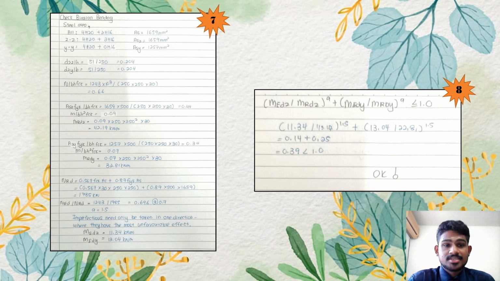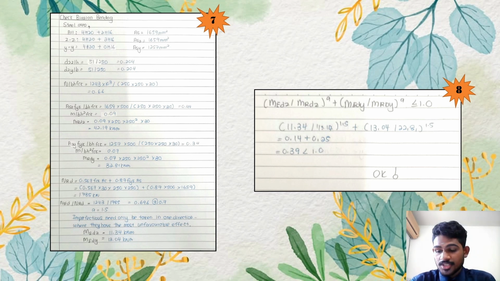Okay, so this is the check for biaxial bending, which is steel area. A11, so these are the values that we are going to use for the A11, Z to Z and Y to Y, ASZ and also ASY. Okay, for the D2Z per H, the value that you will get is 0.204, and the same for D2Y per B, you will get 0.204.